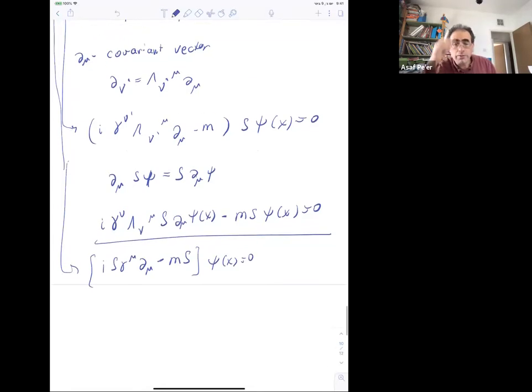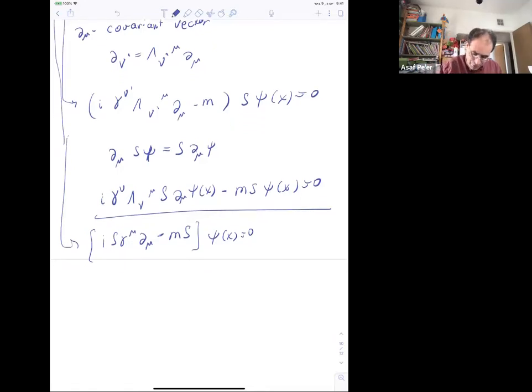Which means that I can obtain a Lorentz covariance of the Dirac equation if I can find a matrix S, right? Which, if these two terms are the same, right? If the term here is equal to the term here.